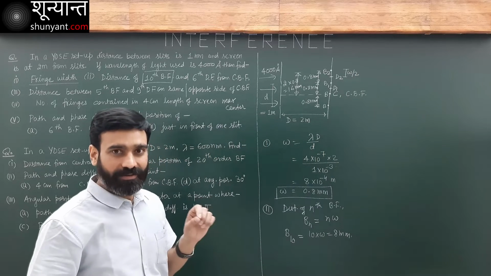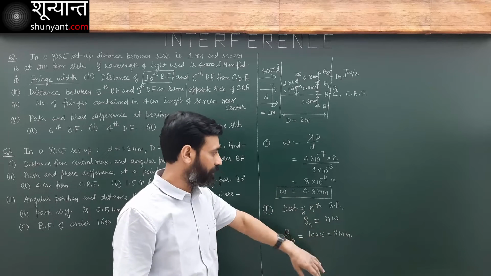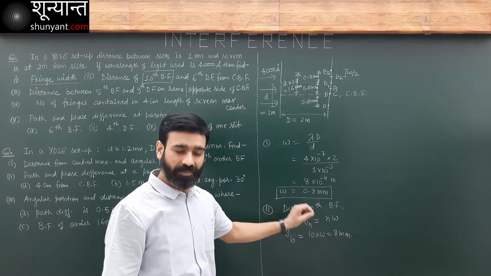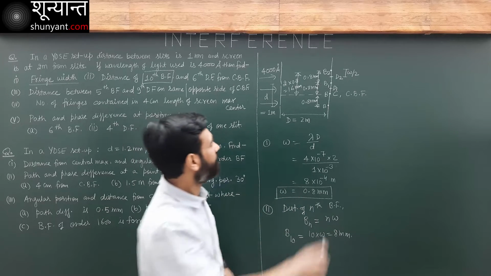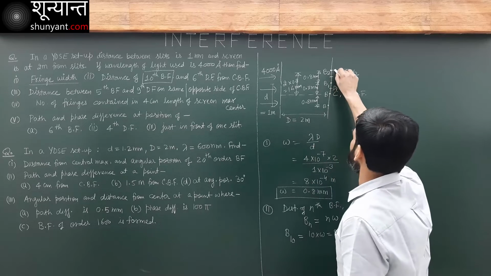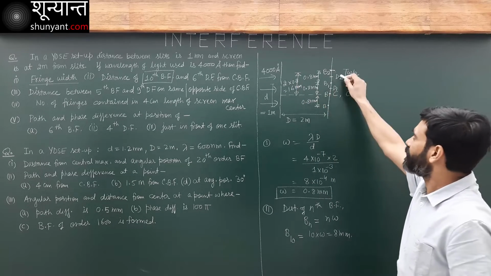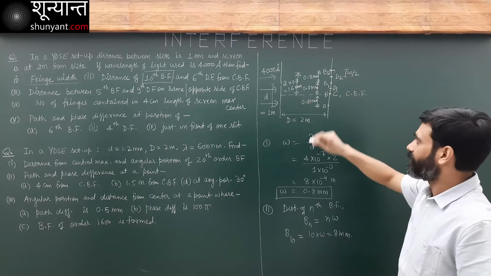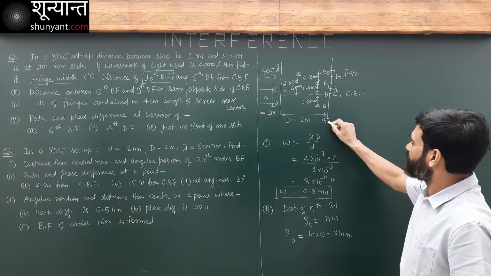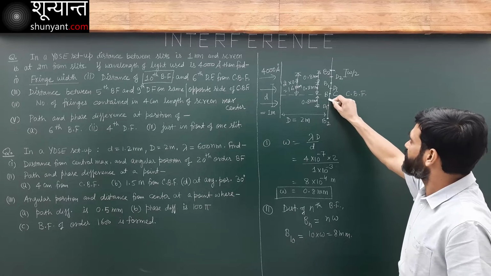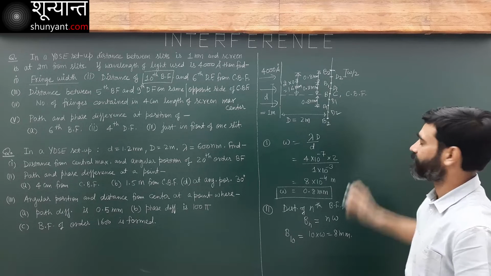Finding the distance of the nth bright fringe is very simple. It's a very simple formula. Remember just this, and then remember one property. What is the property? This is the second bright fringe, at a distance of 2 omega. Now the second dark fringe will be before that. Here is B2, B1, here the first dark fringe, and here the second dark fringe.